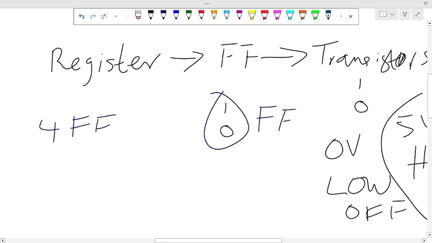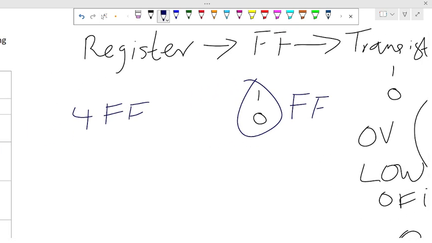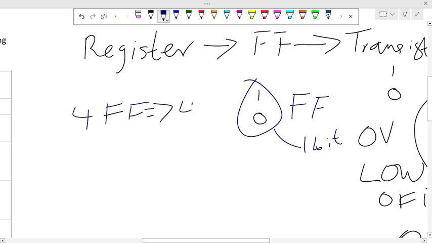Remember I said this is 1 bit, because a bit is 2 possible states, 1 or 0. Now, since 1 flip-flop is giving us 1 bit, that means 4 flip-flops is giving us how many bits? 4 bits. Are we together?